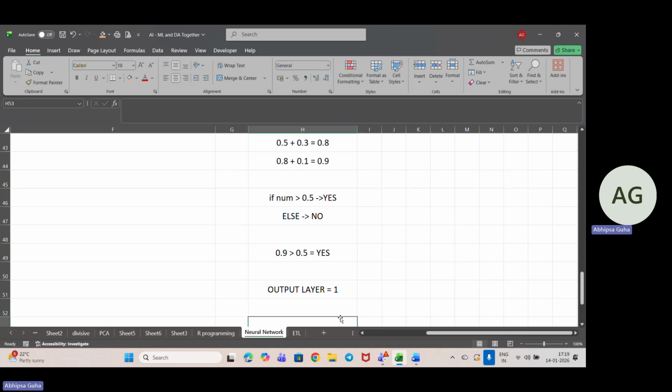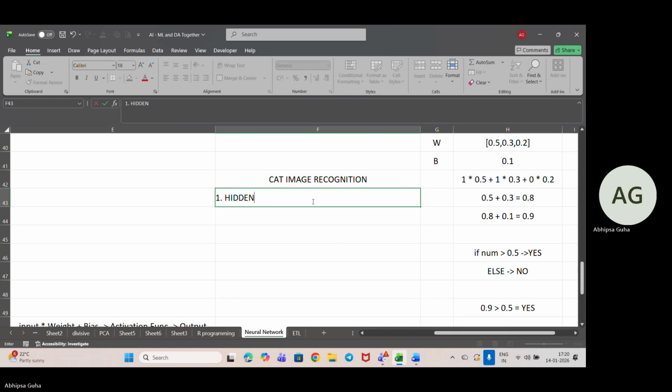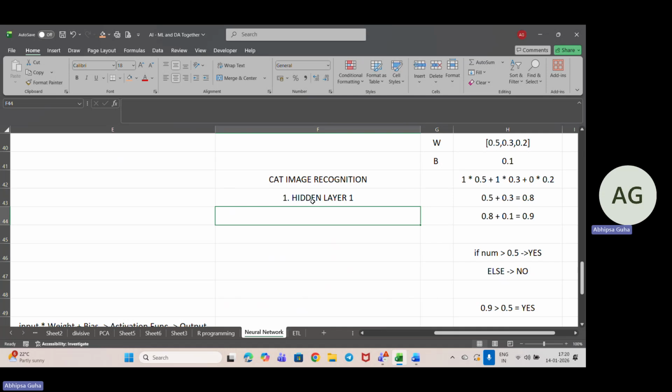Now come down to an example of image recognition, like cat image recognition. Okay. So the first one is hidden layer 1. What it will do is find the edges and lines. Next, coming down to the second point, hidden layer 2.